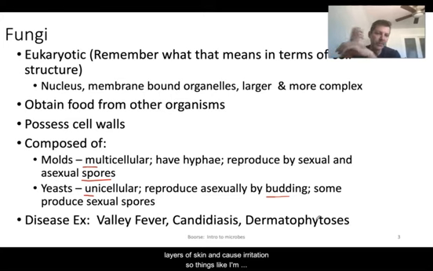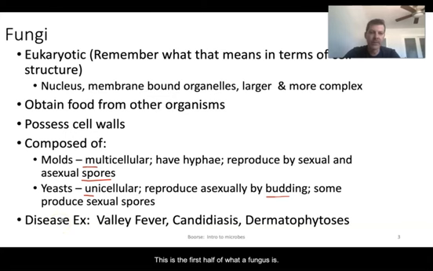Things like, unfortunately called, ringworm. It's not a worm. It's a fungus. Or athlete's foot would be classified as a dermatophyte, causing a dermatophytosis. We're going to cover fungal diseases later, but this is the first pass of what a fungus is.